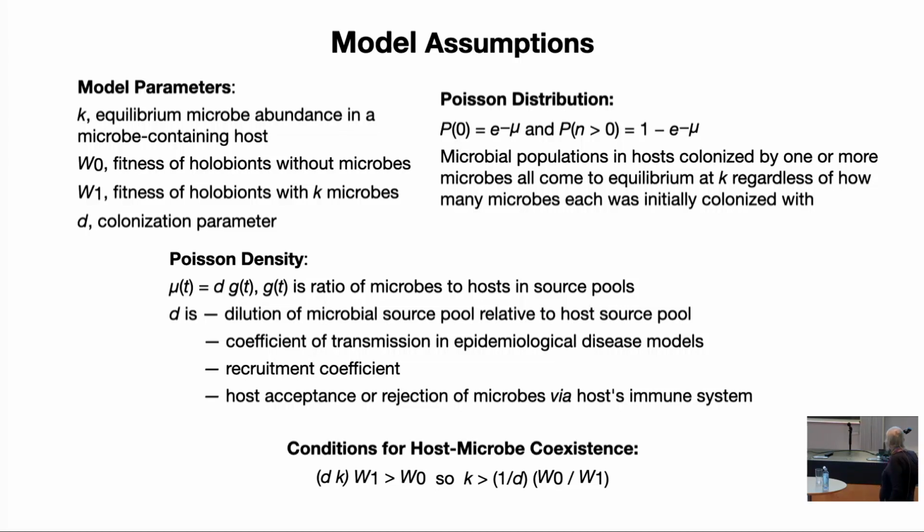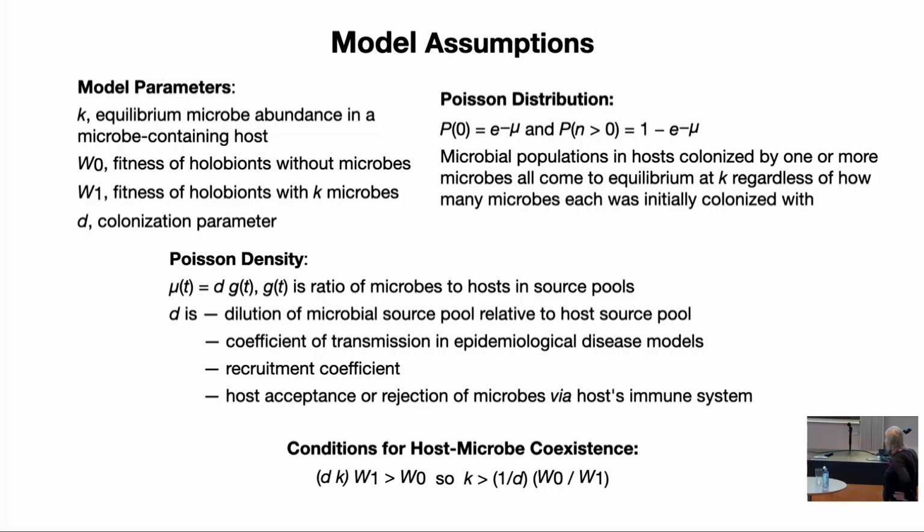If D is high enough to begin with that this condition is satisfied, then lower D, for example, by making the water more viscous, so that the microbes can't reach the host they're trying to colonize.